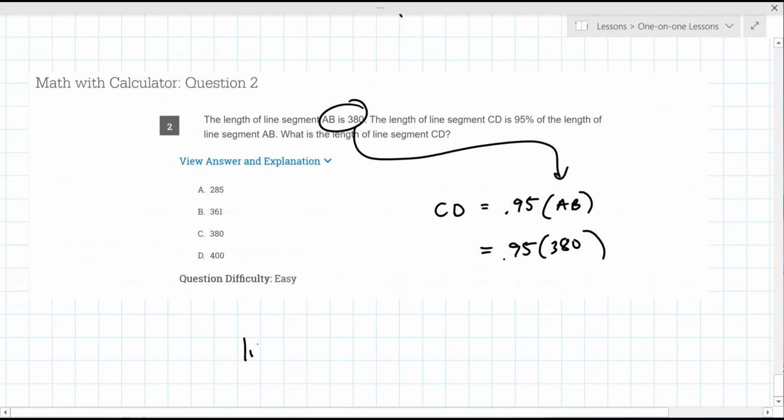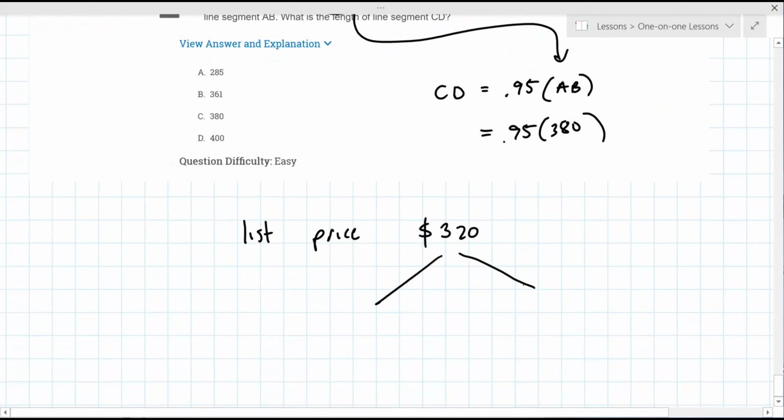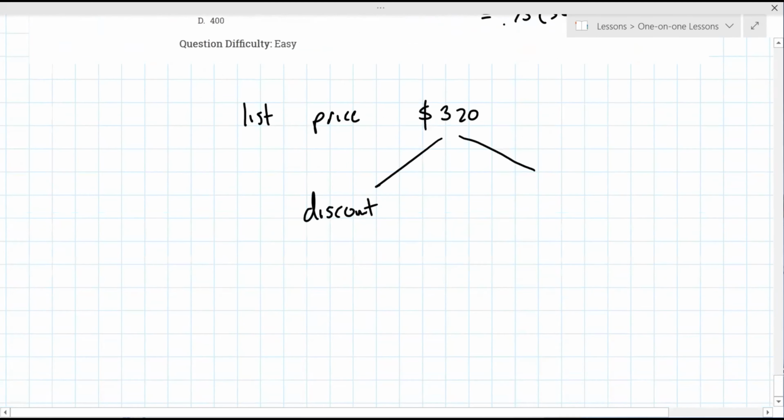The list price of something you want to buy is $320. There's two possible ways that they can ask you. There's the discount question, which is you have a coupon for 25%. If you have a coupon for 25%, there's two things I could ask you.